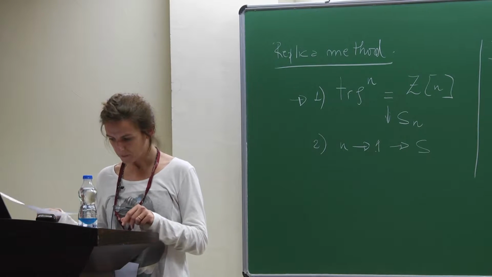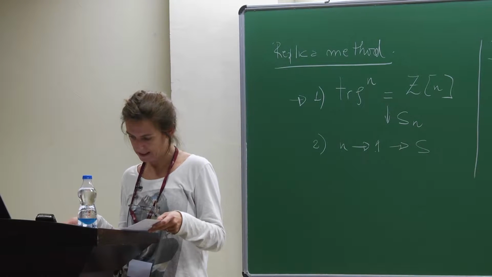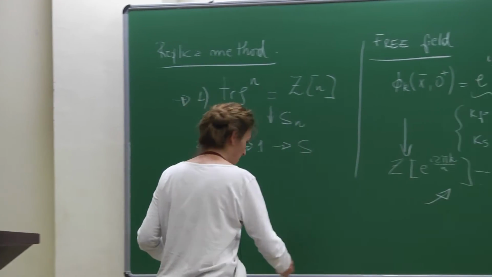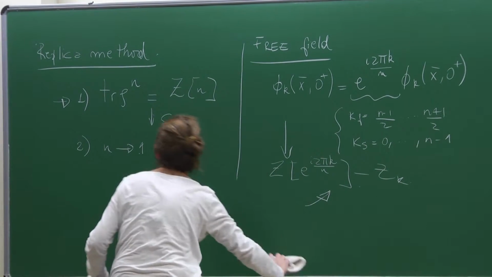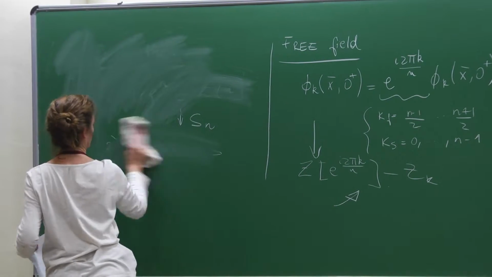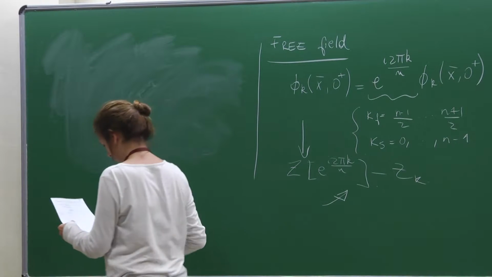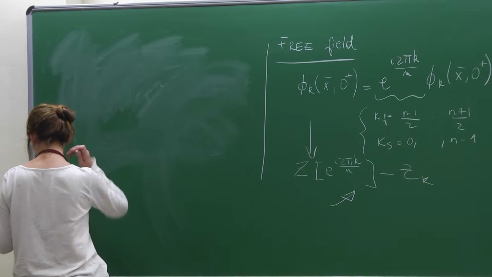So let me give you some details of the calculation. It's quite easy, but the main idea is what I have told you. So what you have to do is to introduce a pure gauge, okay?